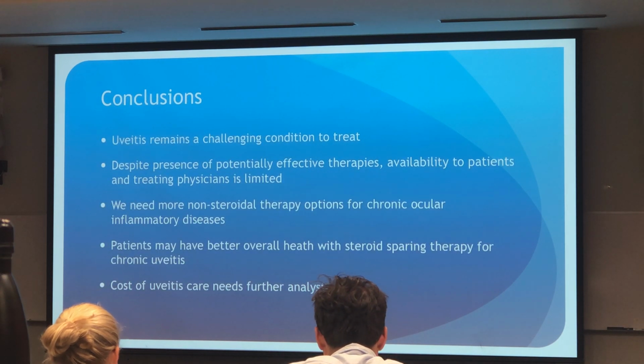So, in conclusion, uveitis remains a challenging condition to treat, and we have various options nowadays to treat uveitis, but we still need more FDA-approved treatments in the U.S. because that allows us to be more flexible and have choices for patients, because not everybody will respond to adalimumab and it may not be the ideal treatment for certain patients.